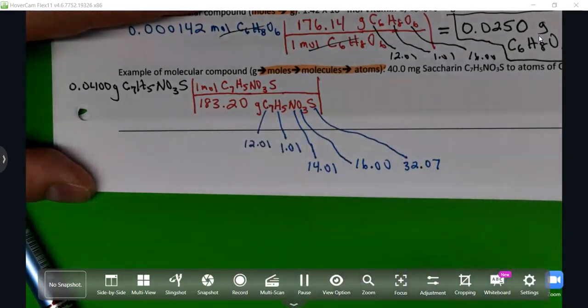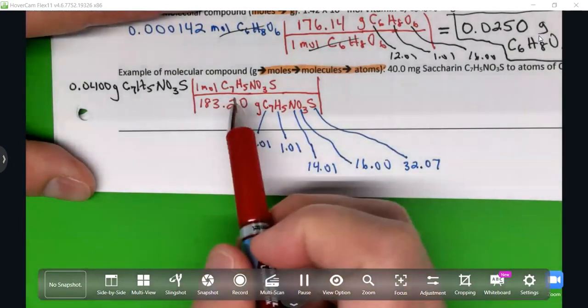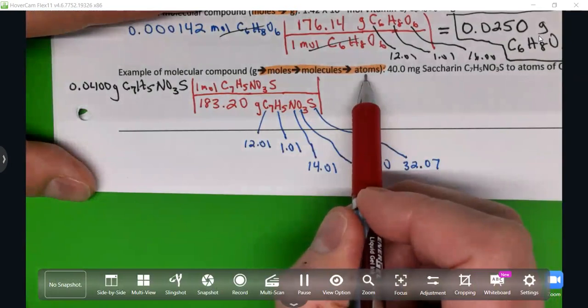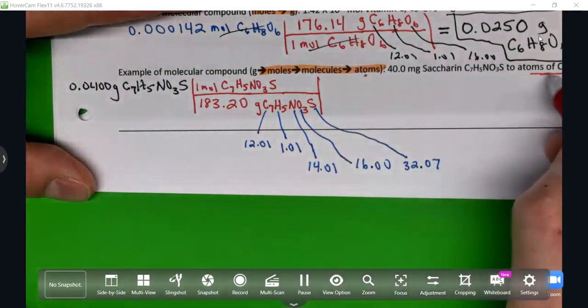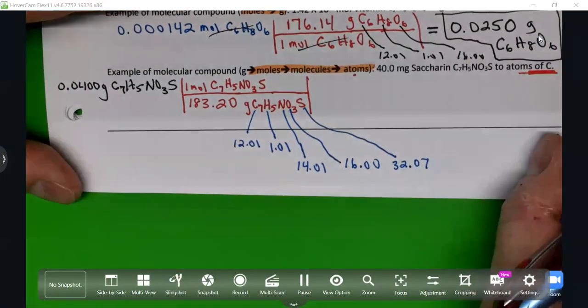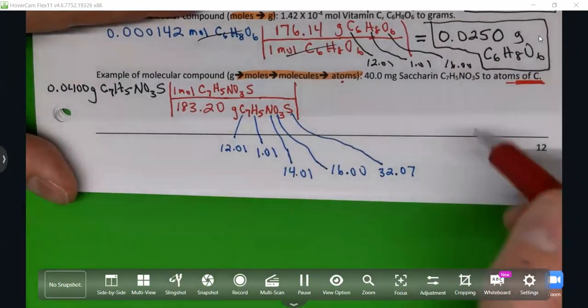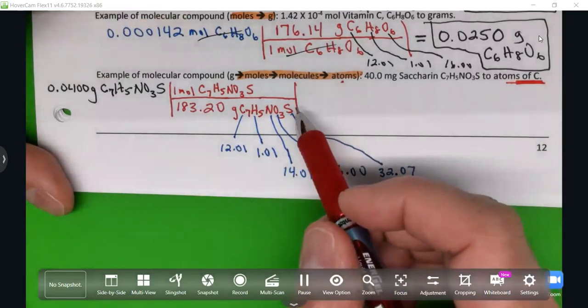So let's keep going because we're not done. We need to get atoms, and we just want atoms of carbon out of this thing. Before we get to atoms, let's get to molecules.